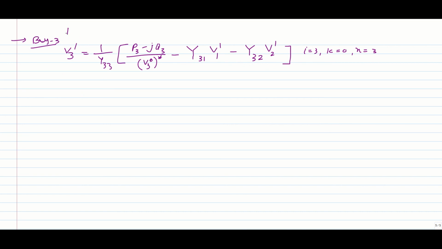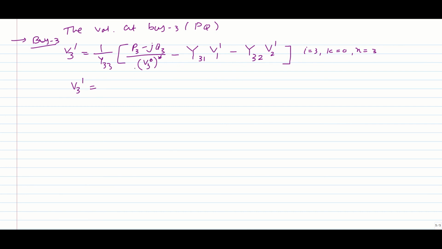You can write the voltage at bus 3, which is a PQ bus. So using this equation we will get the final value, and after substituting all the values of the parameters, we will get the final answer.